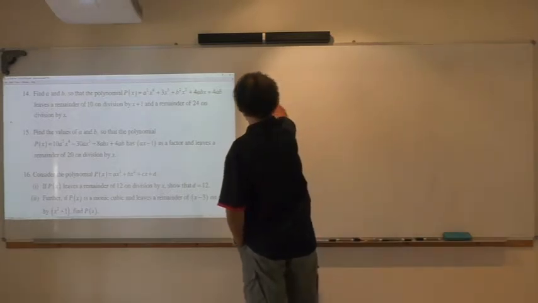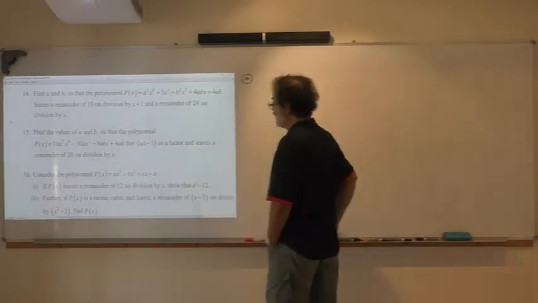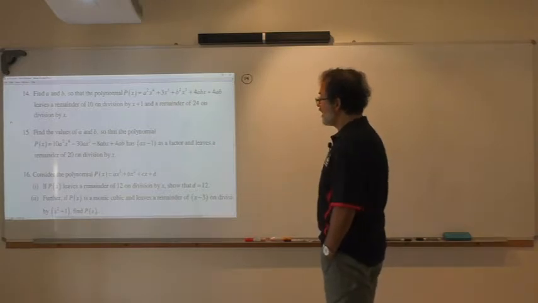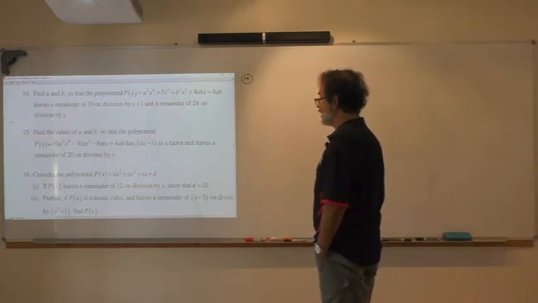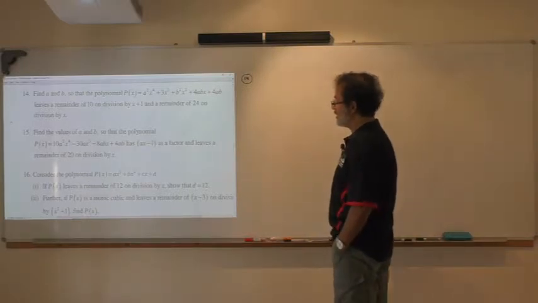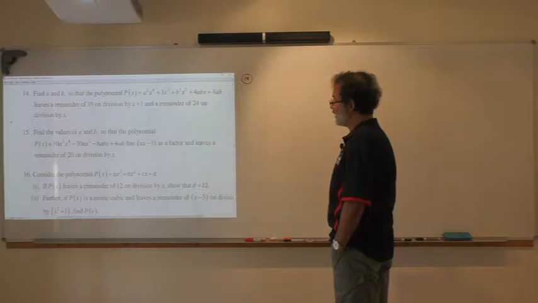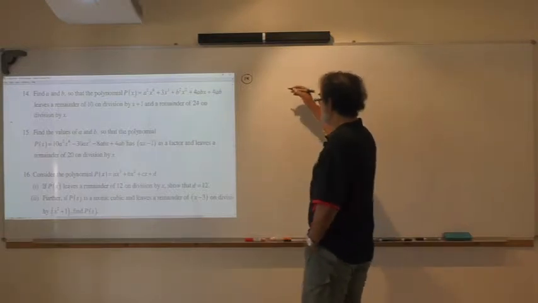Okay, question 14. In this question, we have a very long polynomial. It's a polynomial of degree 4, so it's a quartic, and nothing is missing. We have the x to the power of 4 term, the x cubed term, the x squared term, the x term, and the constant. So I'm going to write it in here.